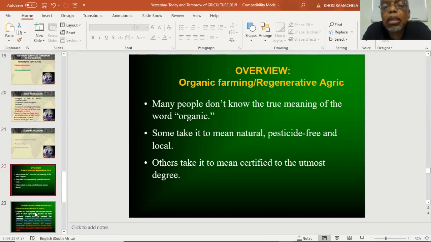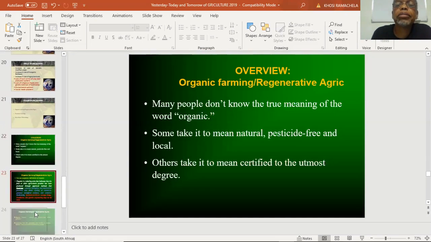Okay, so what are the issues on organic farming, regenerative agriculture? Maybe I'll just give an overview. Many people don't know the true meaning of the word organic. Some take it to mean natural, pesticide-free, and use of local materials. Others take it to mean certified to the utmost degree.